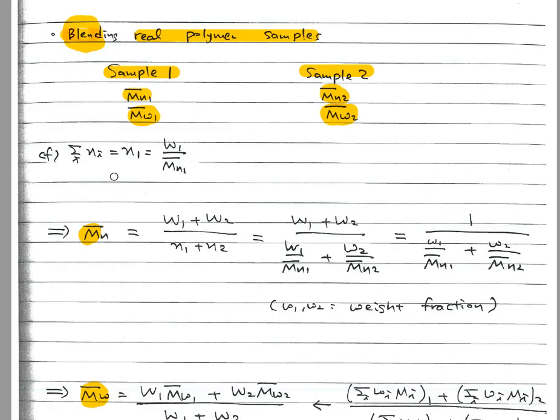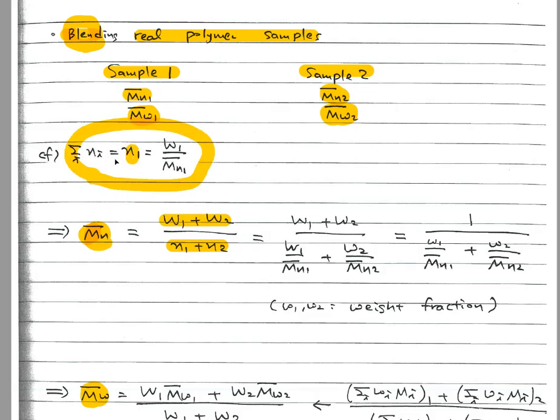Then, since we know that the number average molecular weight is basically defined as the weight divided by the number of moles, right? The overall weight of the total sample divided by the total number of moles, right? Okay, and if you want to calculate the total number of moles, you can use these relations here.